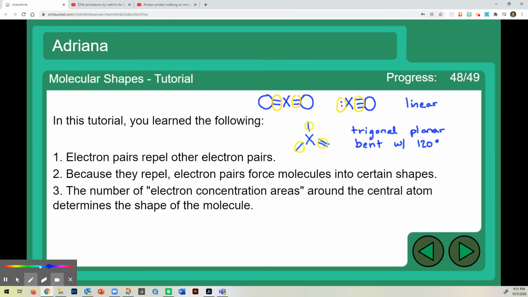And then if we have 4 areas of electron concentration, now you might draw this like this. You might draw it like this. But you have to know that this is actually better represented if you draw it like this.